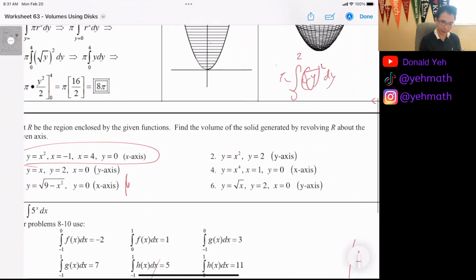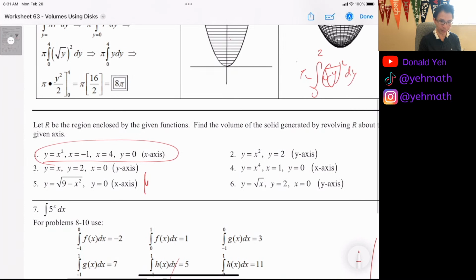You're going to try the second question and the third question, but start with the second one.